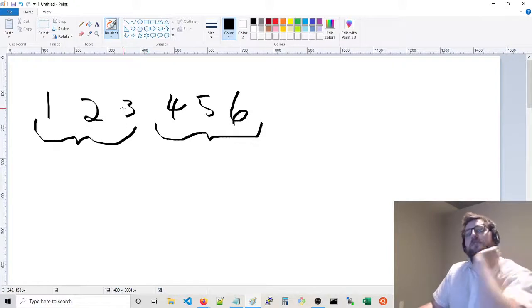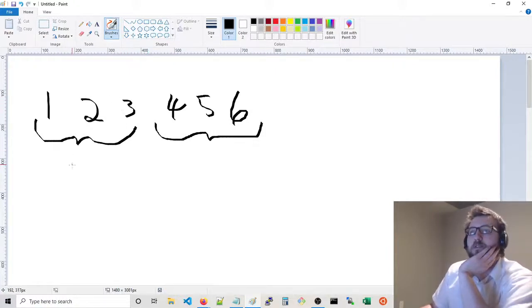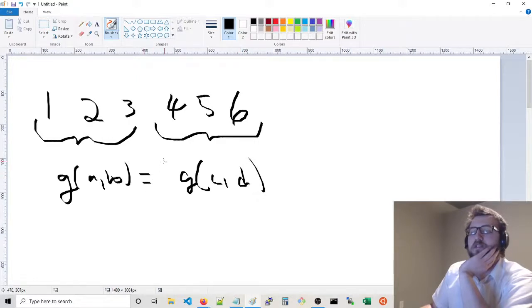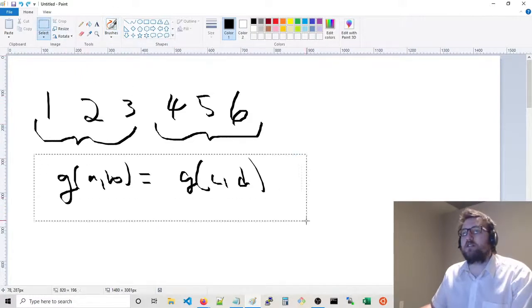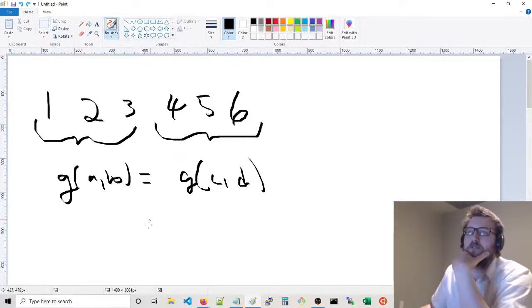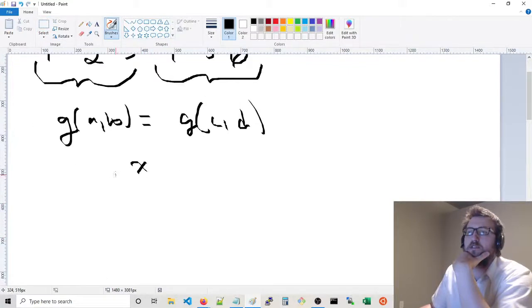So the number of guesses that you would be required, maybe we'll call it g of x here, or g of ab here, and then g of cd over here. You want these to be equal to each other. That the expected cost on the left side, and really there's some index x where b equals x and c equals x plus 1.